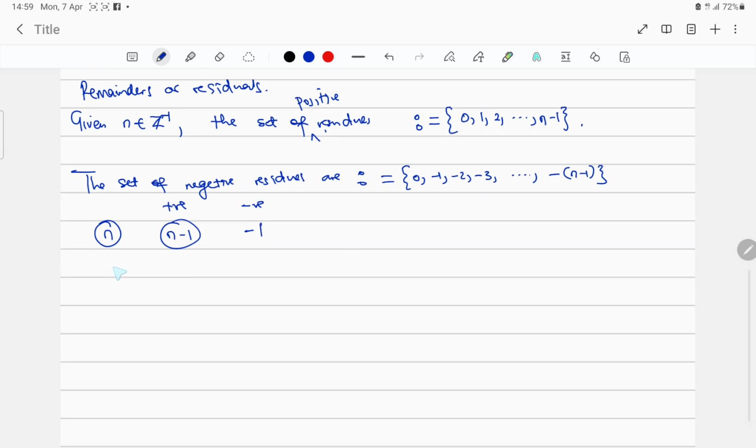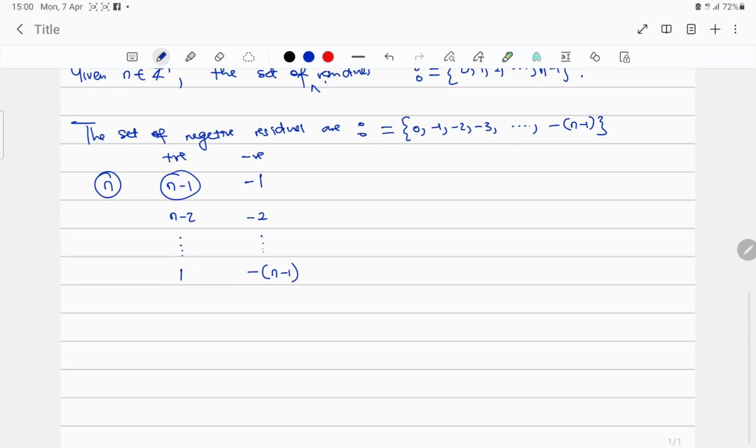Similarly, if the positive remainder for division by n is n minus 2, the negative remainder here will be minus 2. They stretch up to, if we get 1 here, minus (n minus 1). So these are negative remainders and these are positive remainders.